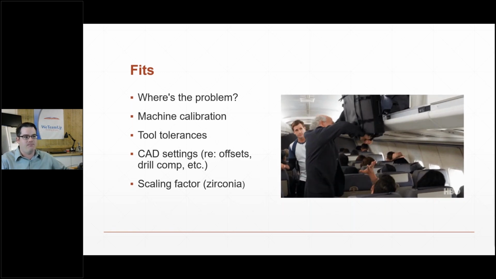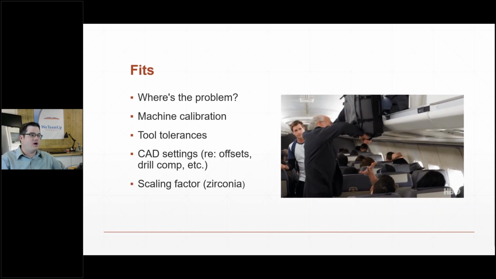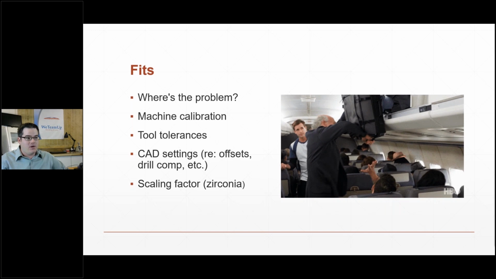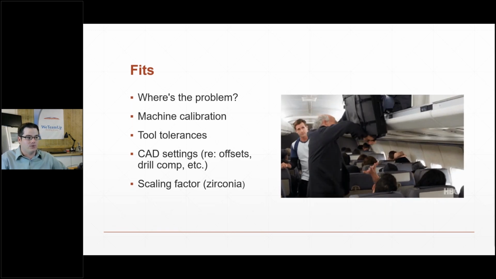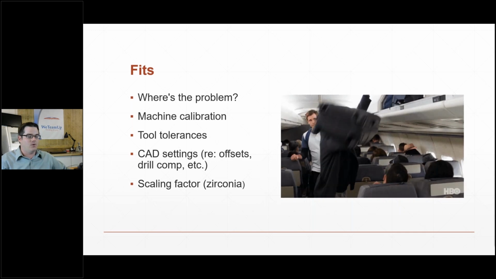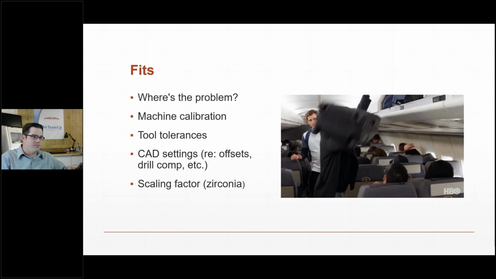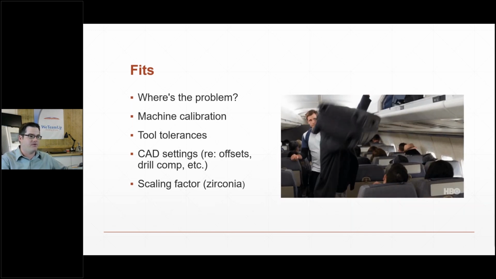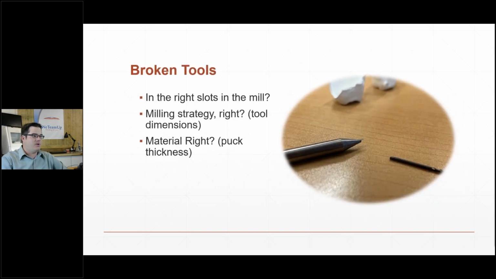Maybe I mistyped the scaling factor into the machine. Or if you have a tight internal fit, but the external is good, that could be a CAD setting. That could be a worn tool or a low quality tool. So you want to pay attention to where the fit is. Don't just consider a fit issue. Break it down.